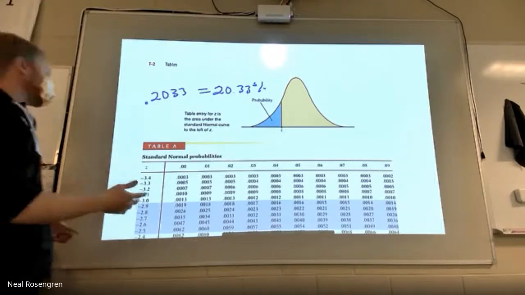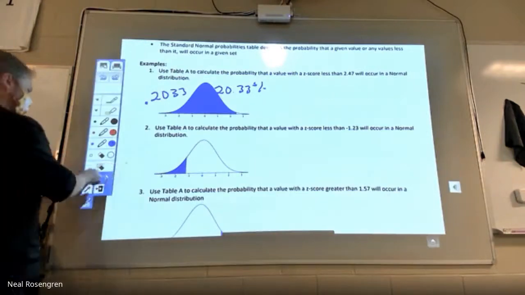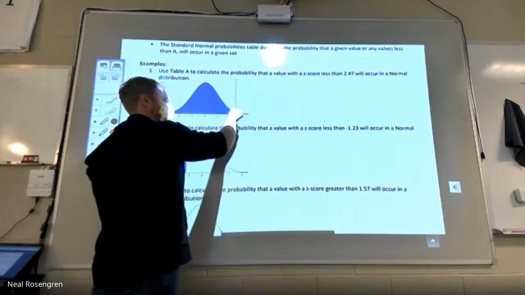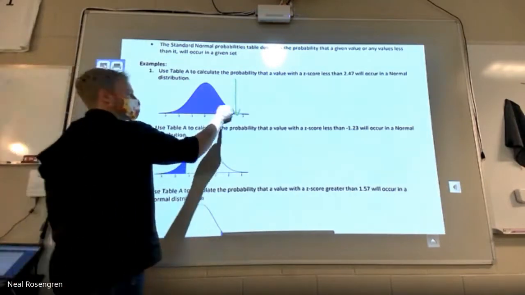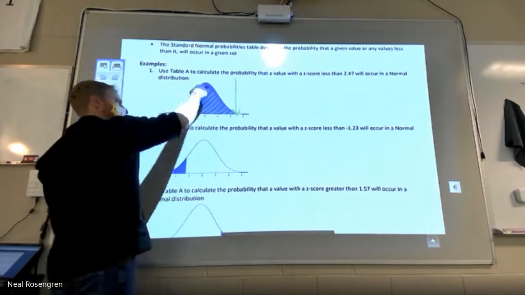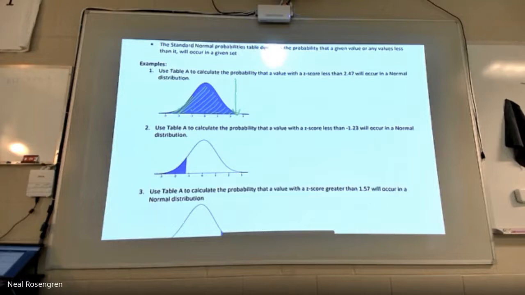What I'm trying to figure out is, for a z-score like 2.47, what the chances are of somebody getting that score or less, so looking at all of that area underneath the curve. That's why it's shaded like that. Remember, 68, 95, 99.7, the percentage of the population under that curve in each of those sections.